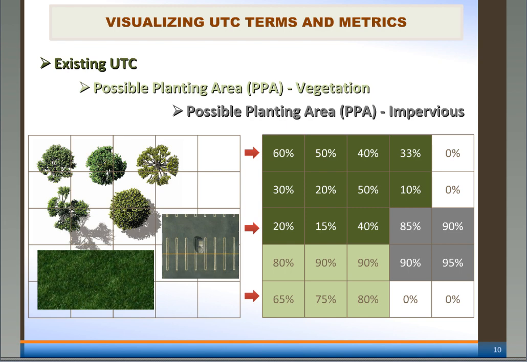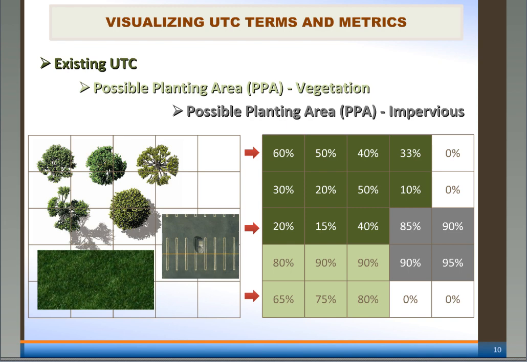So in our very simple example, if there was nothing else in the background or behind these trees, we'd look at this grid cell and we would say that approximately 40% of that is covered by tree cover. If we look in these 4 grid cells, they have 85 to 95% parking lot area.